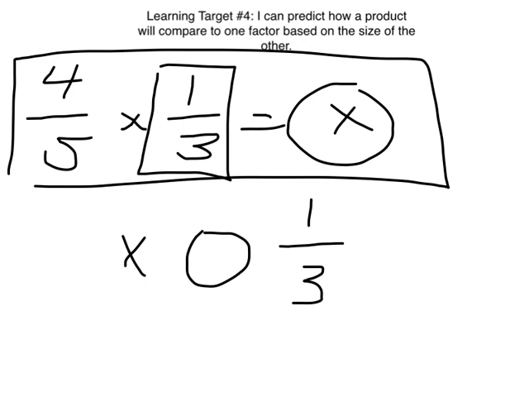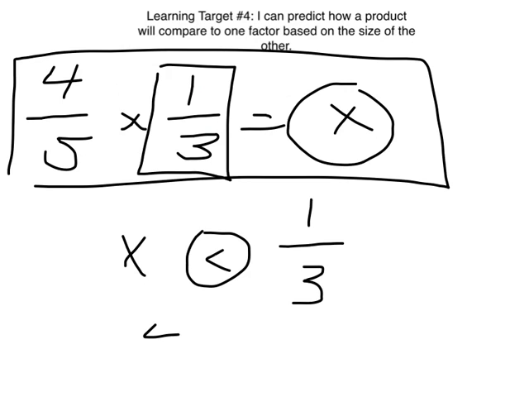If we think of this problem as multiplication, we can replace the multiplication sign with the word "of." So what is 4/5 of 1/3? If we think of it that way, we're taking a part of what was the whole in this scenario. So we can make a prediction that x is going to be less than 1/3.